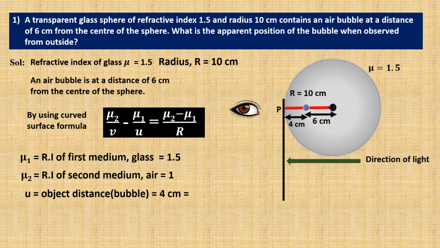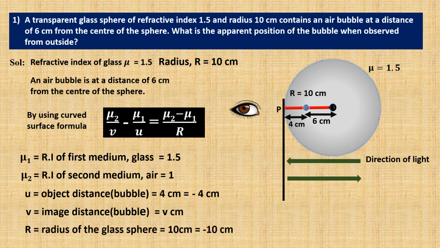So this arrow mark indicates the direction of the light, but the object distance we are measuring from the pole, so it is measured in the direction of opposite to the light, so it is taken as minus 4 centimeters as per sign convention rule. V is equal to image distance, let it be V centimeters, and R is equal to radius of glass sphere, and that is also taken as minus 10 centimeters as per sign convention rule.